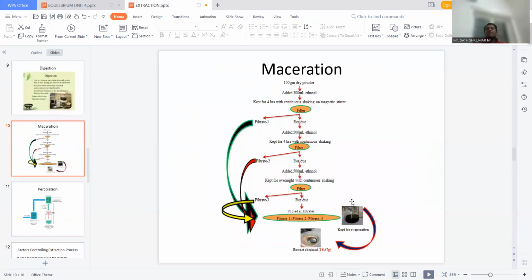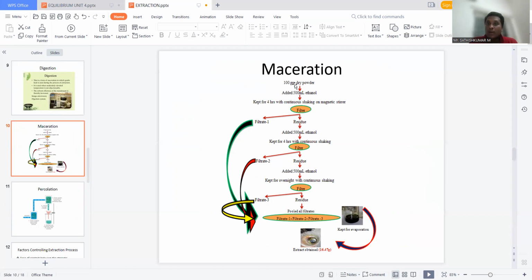Next one, maceration. Maceration is the extraction of active constituents from particular plant materials. The flow chart shows the basic procedure of maceration.